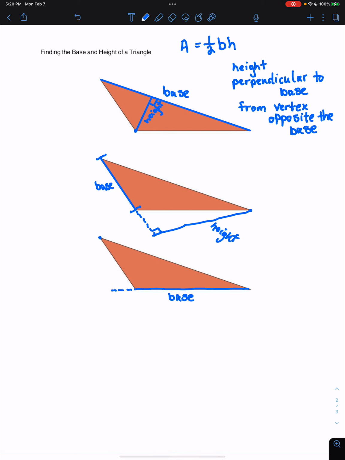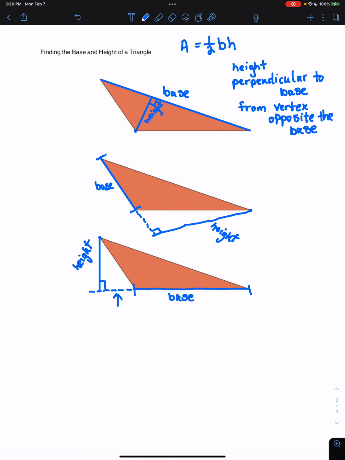Again, I'm going to draw my little dashy line out here to help me gauge how I'm going to draw my height as a 90-degree angle to my base. And so this would be my height. So again, this dashy line part does not count as part of the base. The distance of the base is just the actual part that's attached to the triangle.